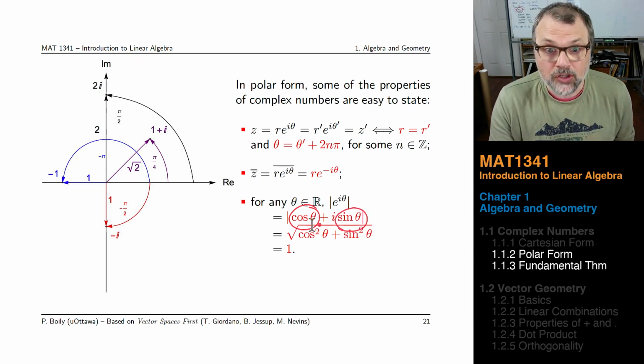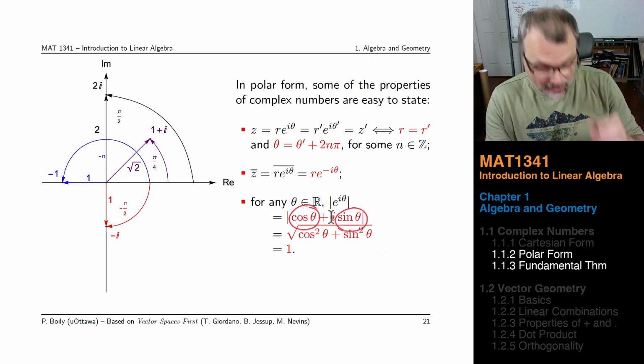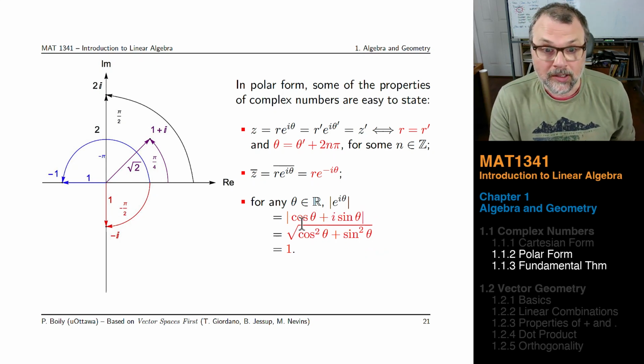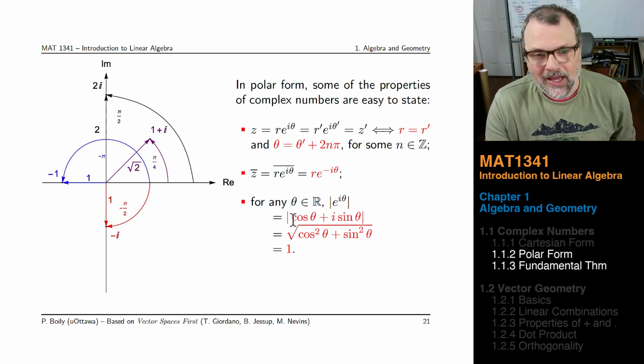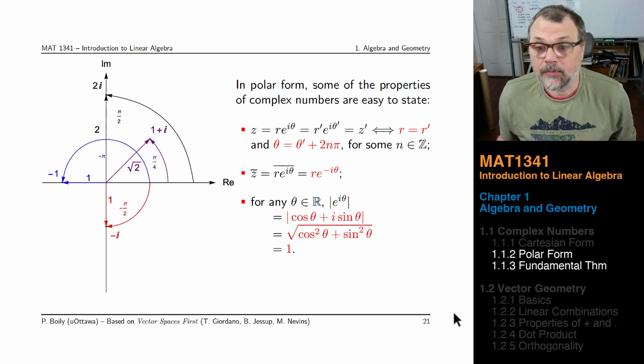The modulus of a plus ib is the square root of a squared plus b squared, without the i in the modulus. What's a squared? That's cosine squared, and b squared is sine squared. So I have the square root of cosine squared theta plus sine squared theta. The i doesn't appear. That's the same thing as 1. You remember from calculus. It's good news.